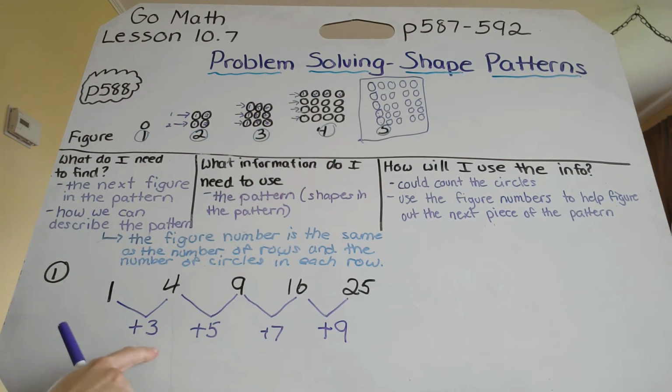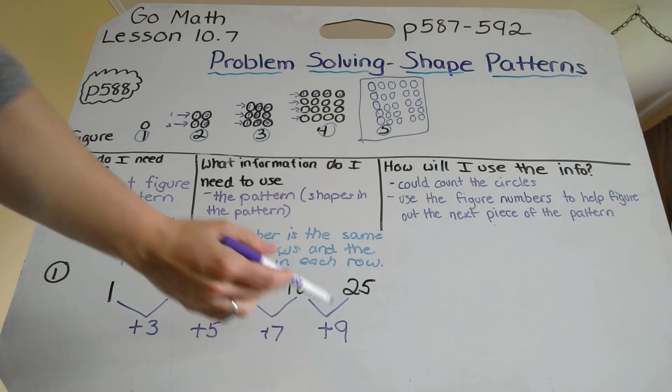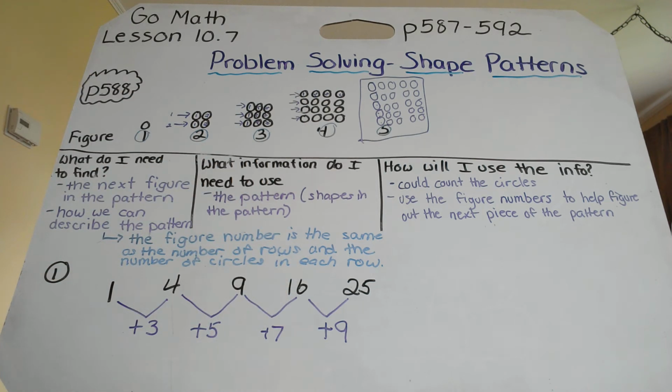Okay, so look at these numbers down here. 1, 3, 5, 7, 9. What are we doing with those? What are we increasing? Well, 3, 5, 7, 9. We're going up by what every time we add? Twos.